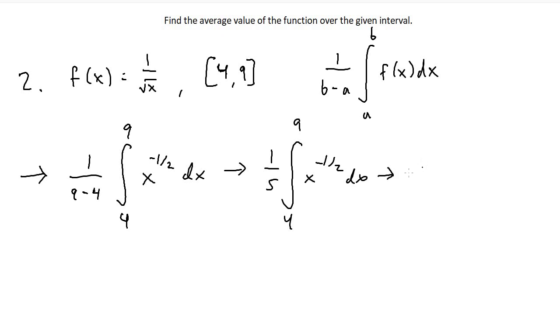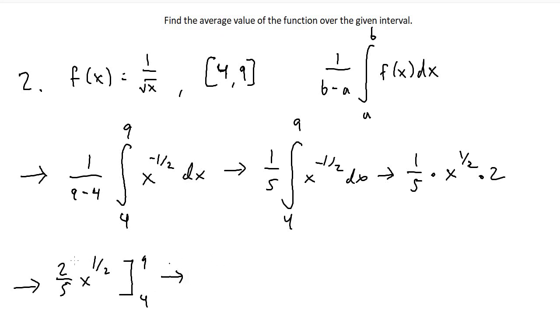And then to simplify further, we can use the power rule to integrate. So we get 1/5 times x to the 1/2 divided by 1/2, or multiplied by 2. So then I'll bring the 2 over on top, so we get 2/5 x to the 1/2 power, and we're going from 4 to 9.